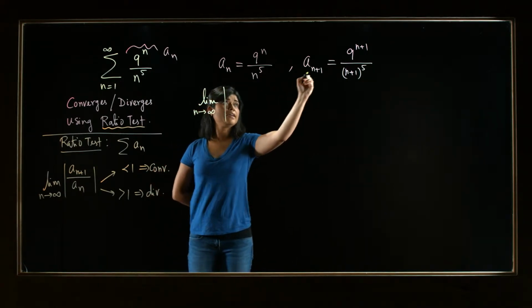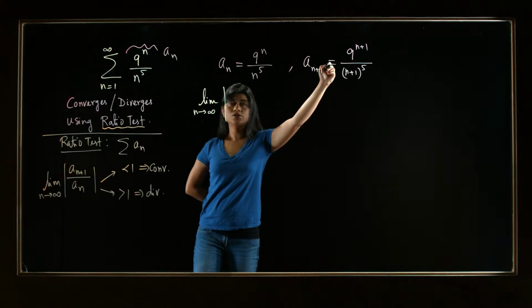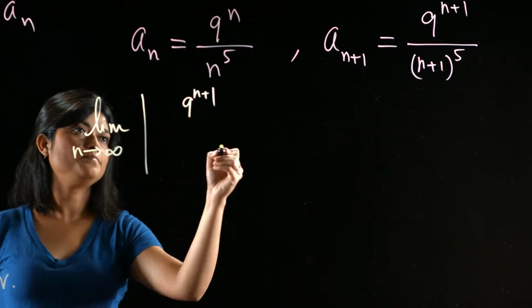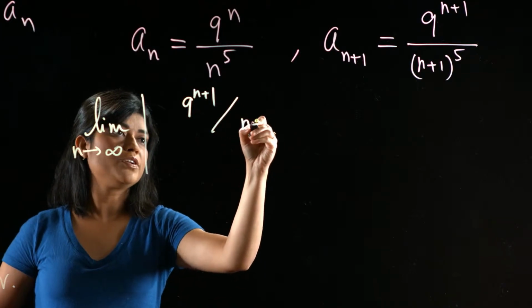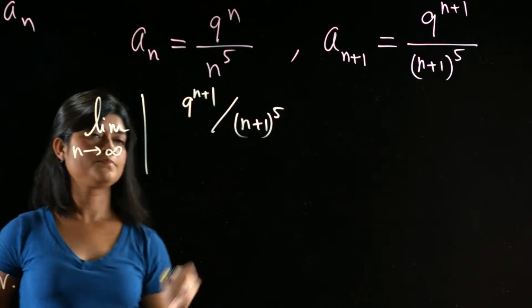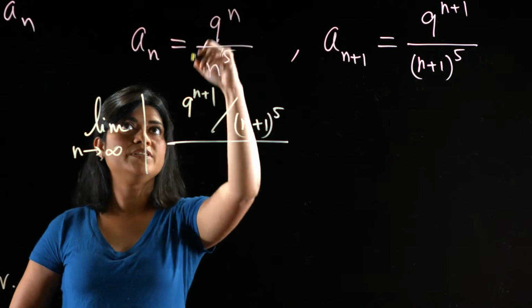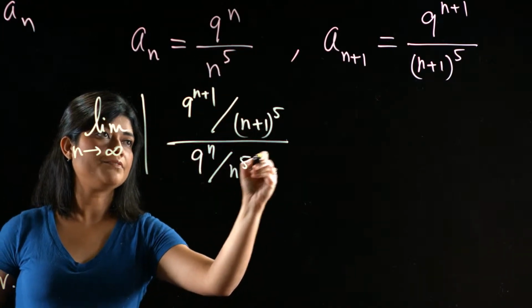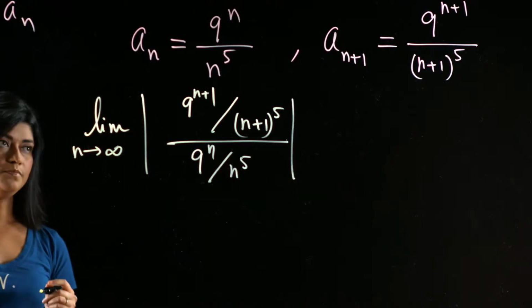So we have the (n+1)th term in the numerator, 9 to the n plus 1 over n plus 1 to the power 5, and then in the denominator you have the nth term, 9 to the n over n to the 5, in absolute value.